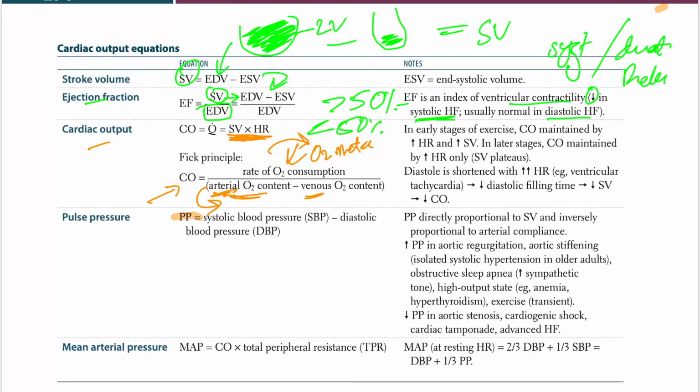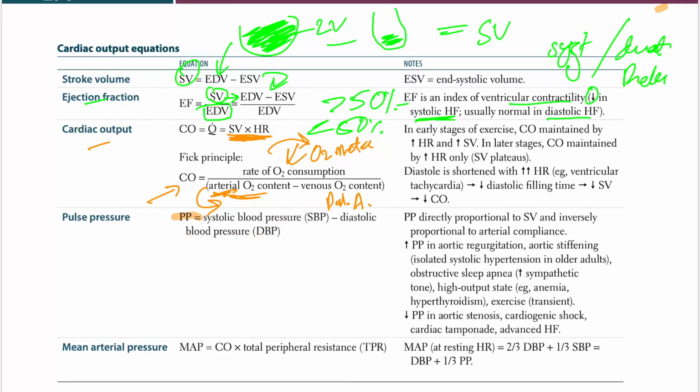Venous O2 content can be checked from the pulmonary artery, giving the AV difference in the oxygen content. Okay, so the pulmonary artery, remember, has the venous blood, meaning the right ventricle sends the blood into the pulmonary artery, right? And this is all deoxygenated blood.